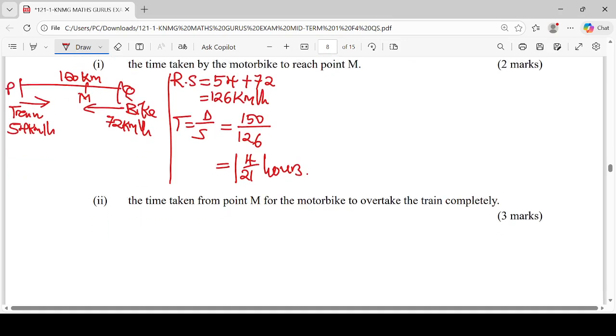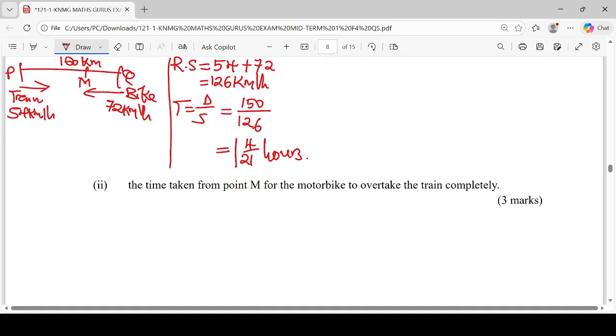But for (ii), the time taken from point M for the motorbike to overtake the train completely. Because now they want that time, remember that time is equal to distance over the speed.